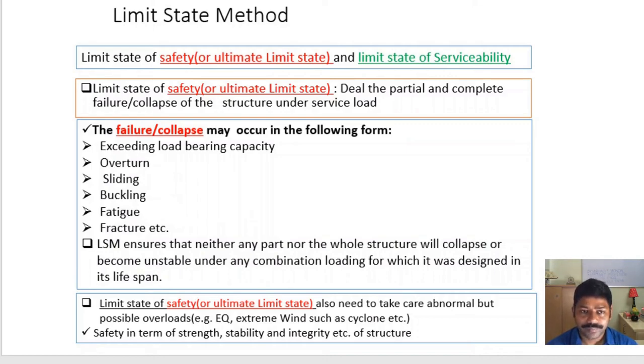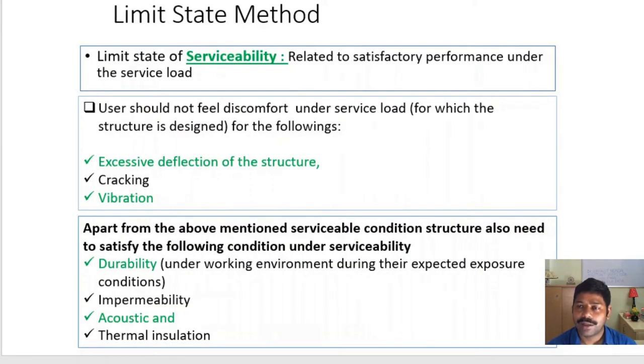In the serviceability criteria, while designing the structure, you should take care of the comfort of the occupant. For that reason, there should not be excessive deflection, no highly visible cracks, and no excessive vibrations. You should also take care of impermeability, acoustics, and thermal insulation.